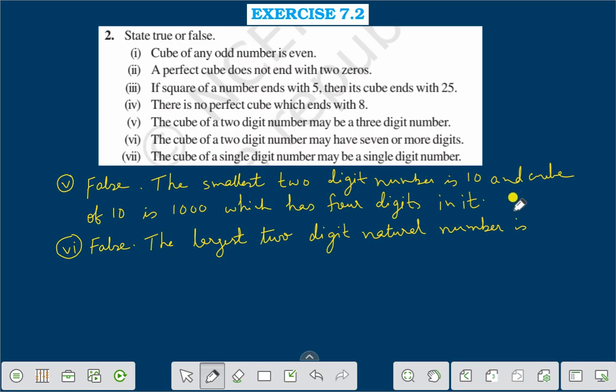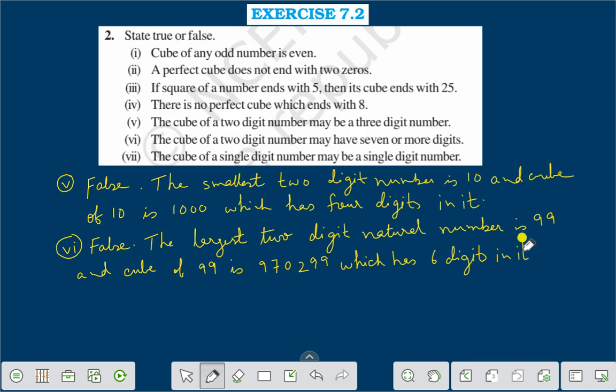is 99, and the cube of 99 is 970299, which has 6 digits in it.